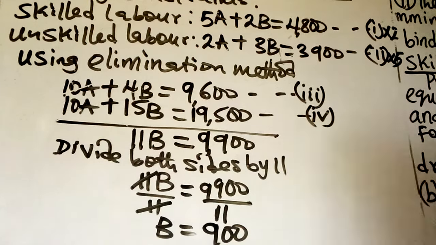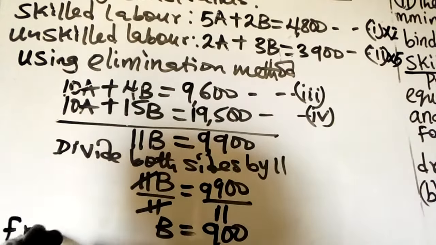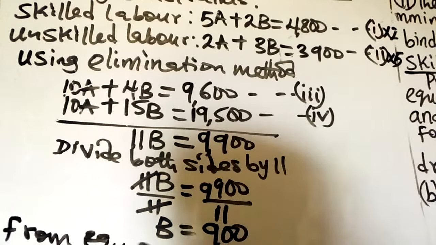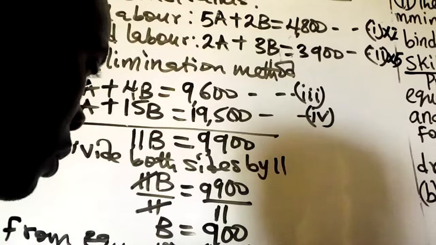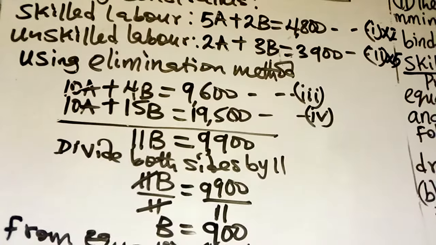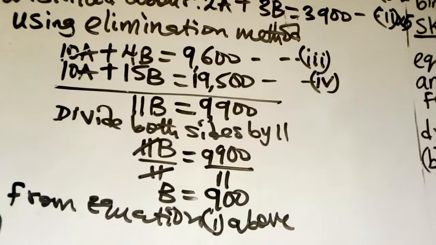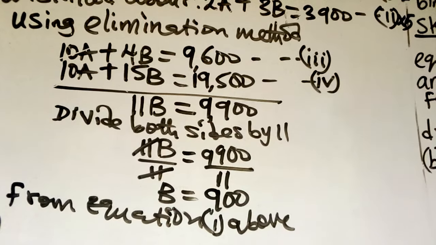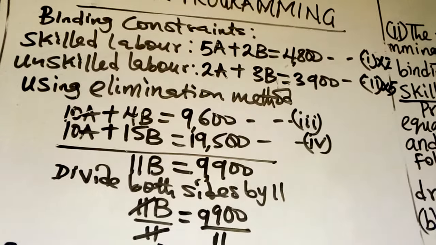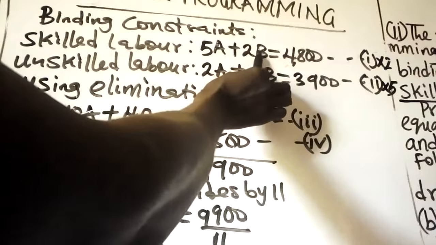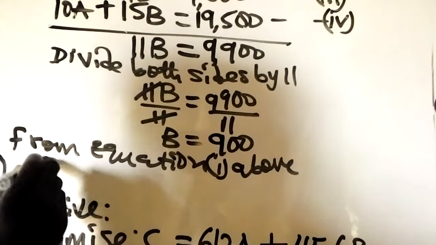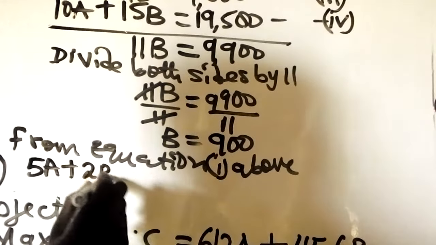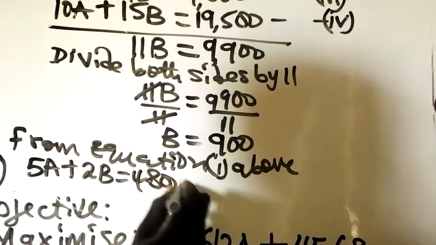So from equation 1 above, our equation 1 is 5a plus 2b equals 4,800.